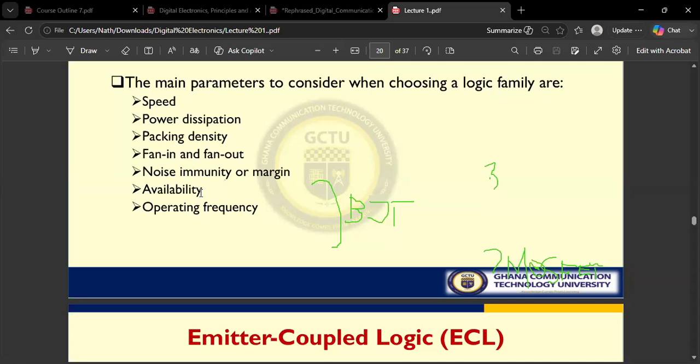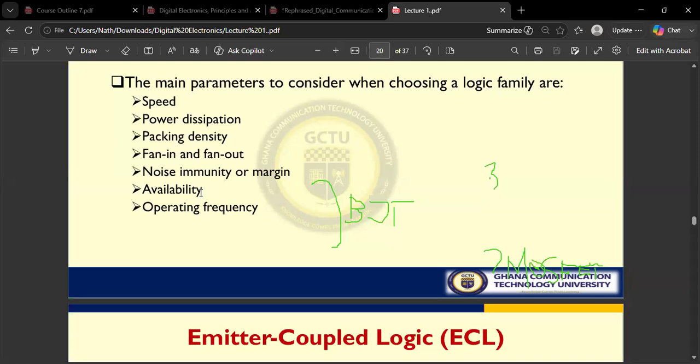So let's say you have a logic gate like an AND gate. An AND gate accepts at least two inputs, so the fan-in for an AND gate is at least two.